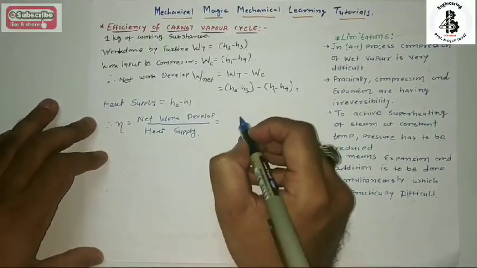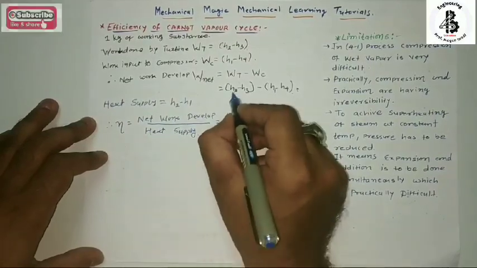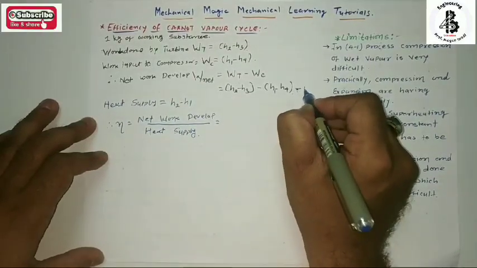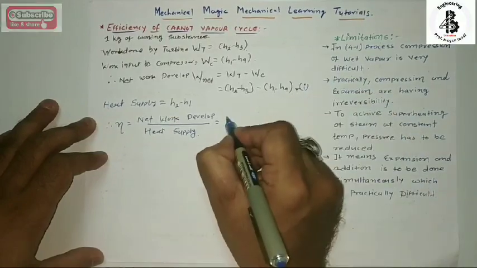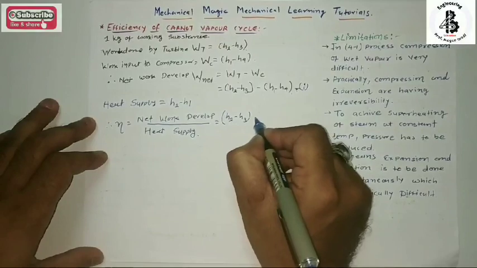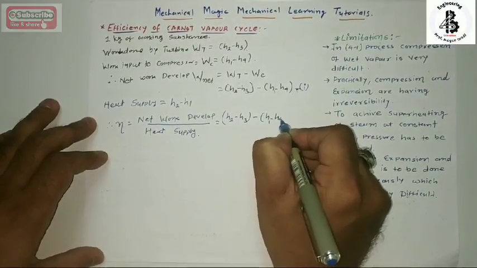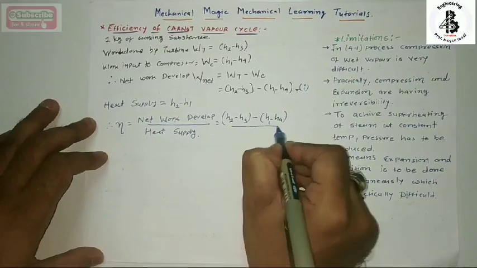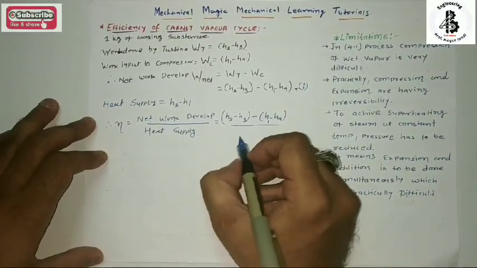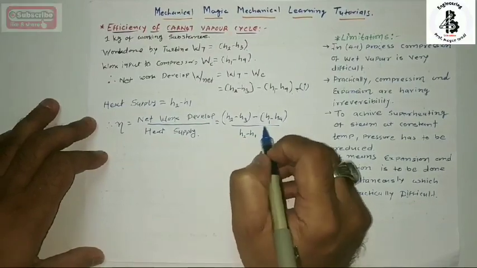The net work developed, from equation number 1, is H2 minus H3 minus H1 minus H4, divided by H2 minus H1.